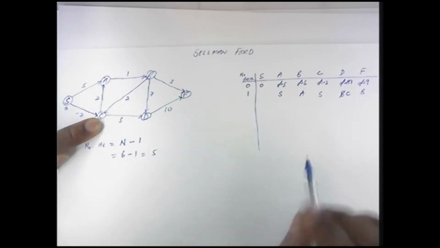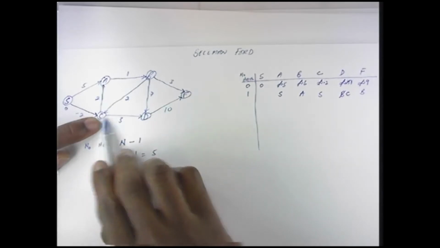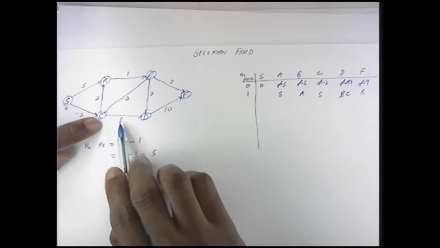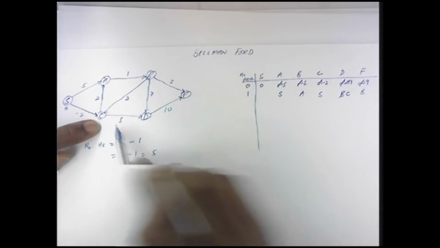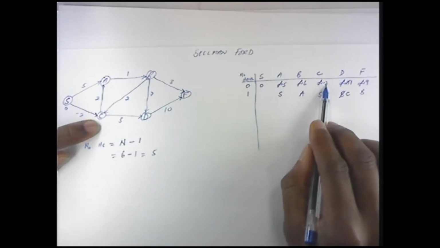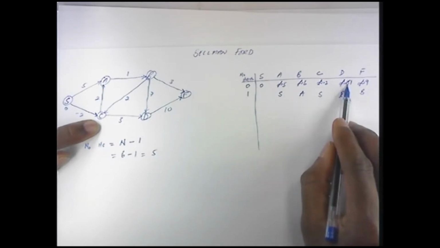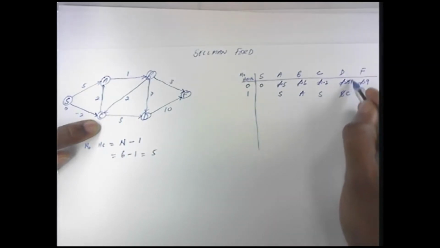I repeat that. Now, from C, we have only one outgoing link to D at a cost of 3. But the cost at C is negative 2. So, to go to D, we have 3 plus negative 2, and that will give us 1. But the cost at D was 13. And 1 is less than 13. So, we cancel the 13 and put 1 there.